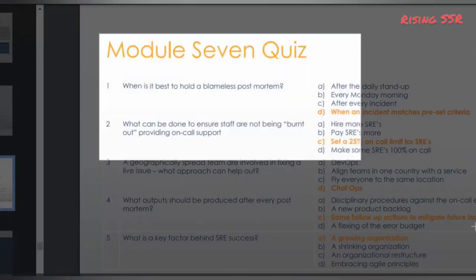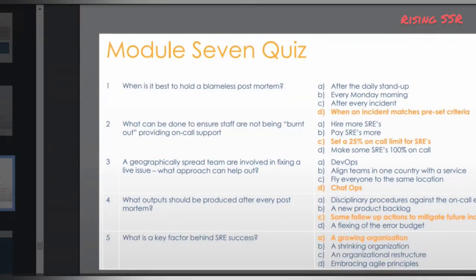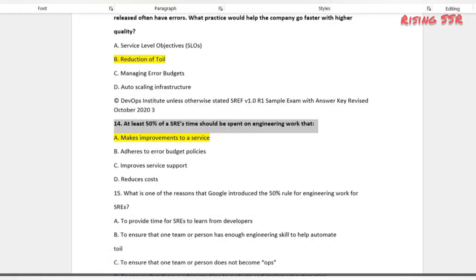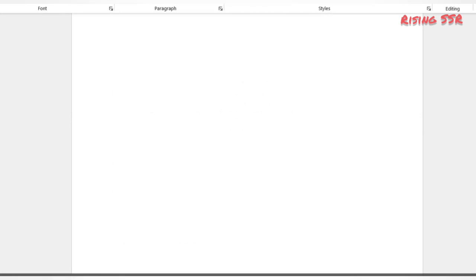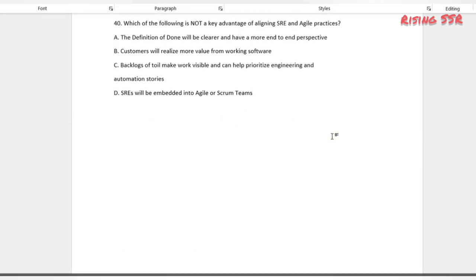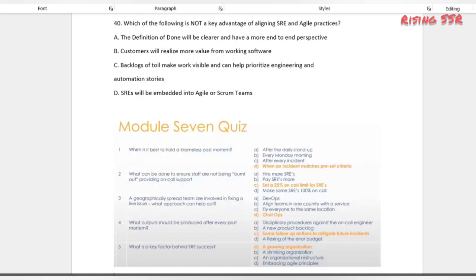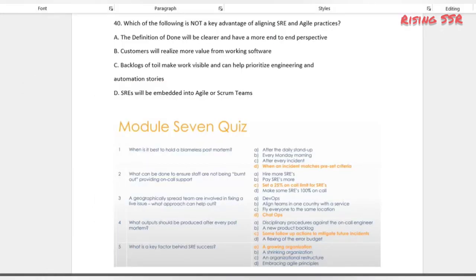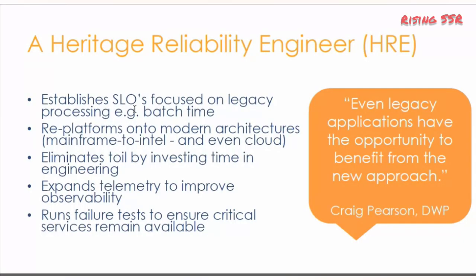So we may see the evolution of those people who are mainframe professionals working on mainframes now, and as part of re-engineering, when those mainframe systems have to be re-engineered into modern platforms and modern databases, obviously their inputs, their knowledge, their experience will be required. That is where they are going to be really instrumental. So even legacy applications have the opportunity to benefit from the new approach. It's not like mainframe Z series or Unisys mainframes are going to be obsolete.